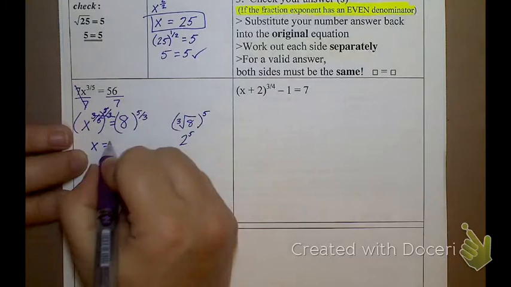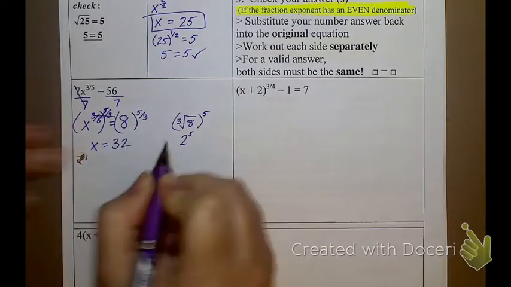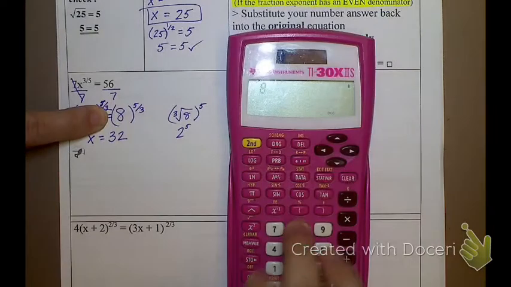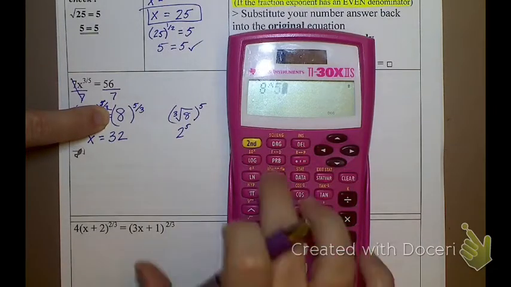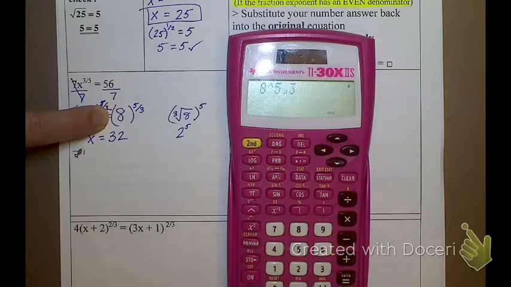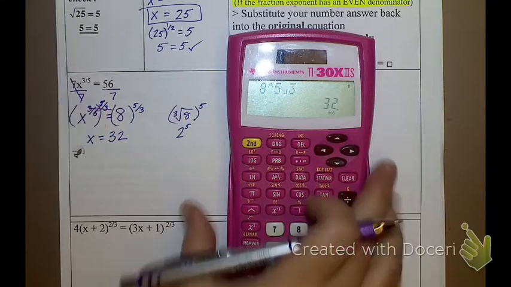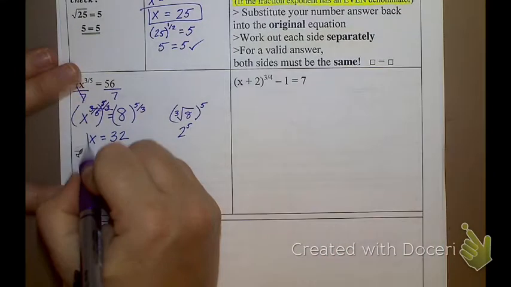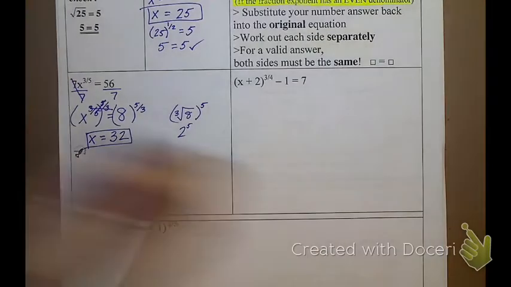So 2 to the 5th power is 32. Now again, you can go here and just do 8 to the 5/3 if you know how to use your fraction button, and it'll calculate it for you. Did I need to check my answer? No. Nope, because my index was 5.